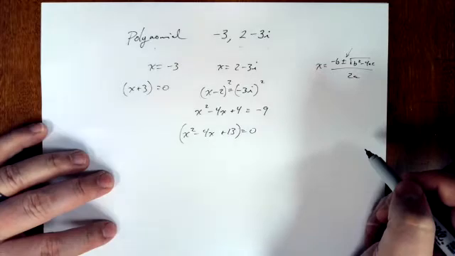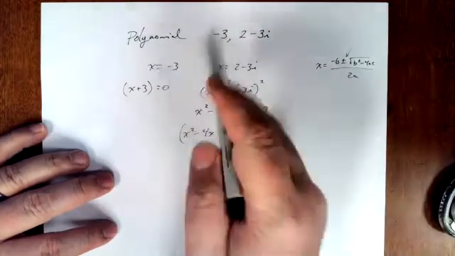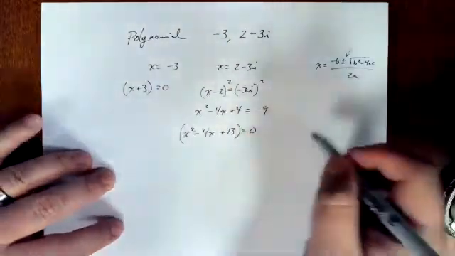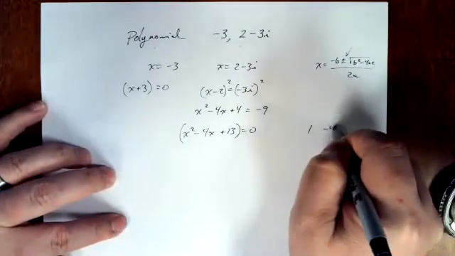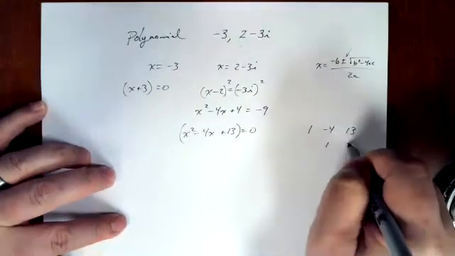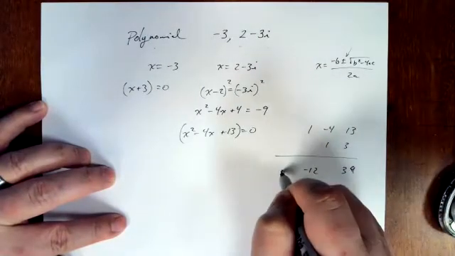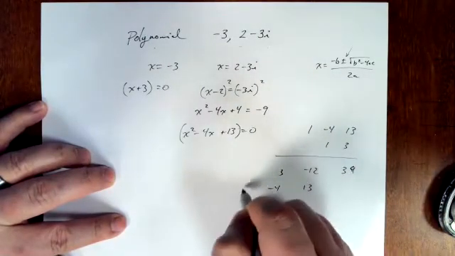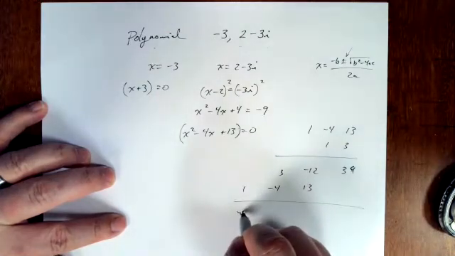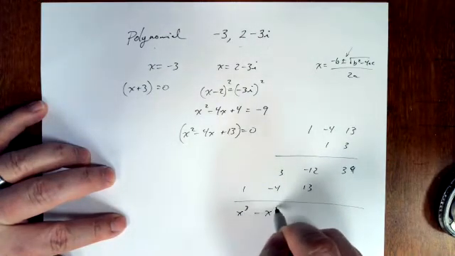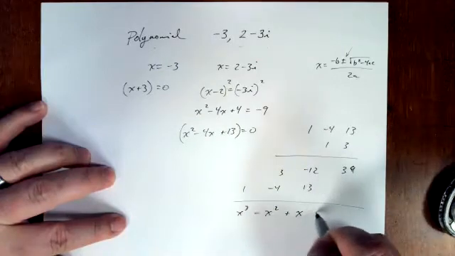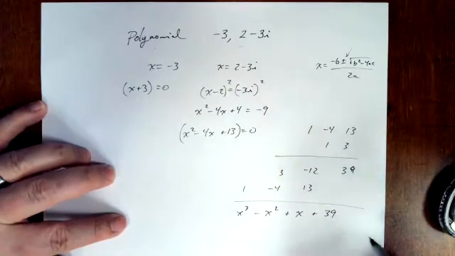Okay. And now to find the full-blown polynomial, I just multiply these two factors. 1, -4, 13, 1, 3, 39, -12, 3, 13, -4, 1. So I have x to the third minus x squared plus x plus 39.